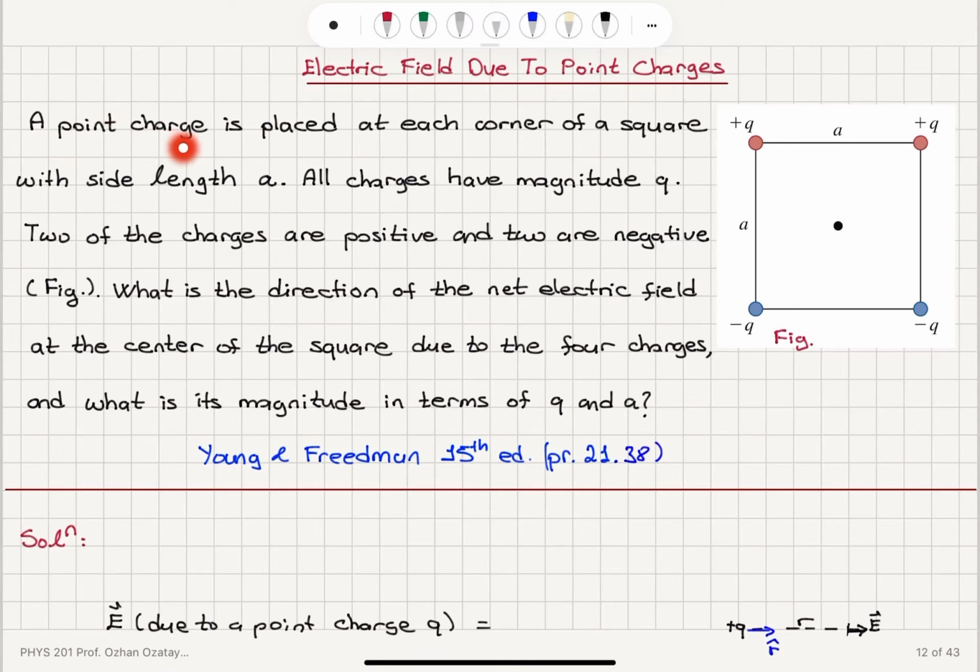So first thing I want to do is note that we have x squared is equal to, that's the hypotenuse of this right triangle. So it's going to be equal to a squared over 4 plus a squared over 4.